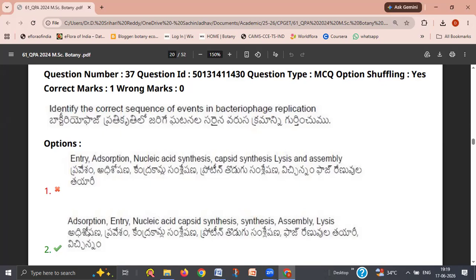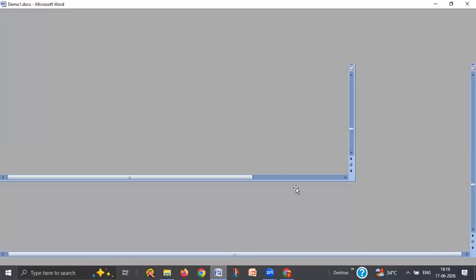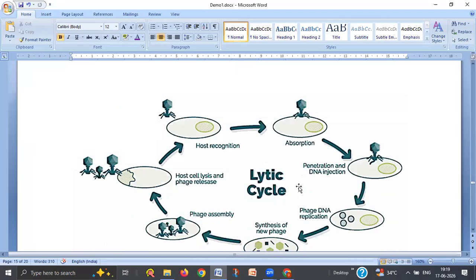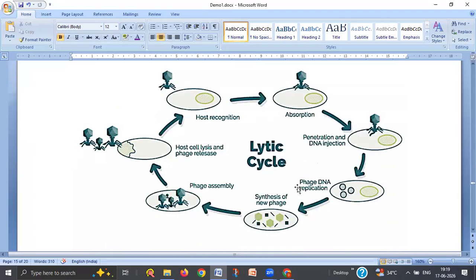So these are the sequence of events. Once again, we will see what are the steps in the lytic cycle. If you see here, host recognition. First, the bacteriophage recognizes its host bacteria and it binds to the bacterial cell wall.